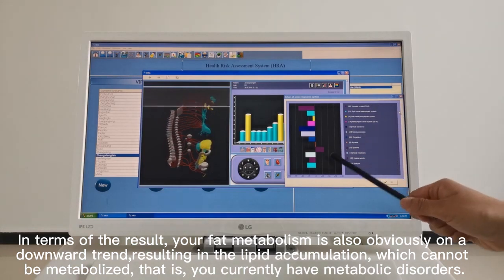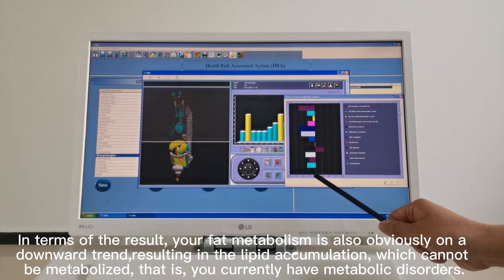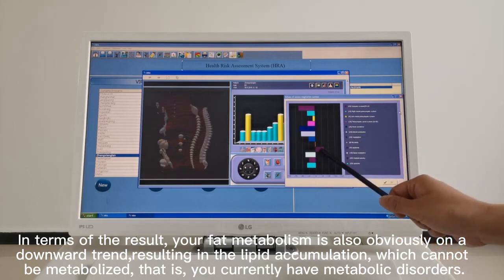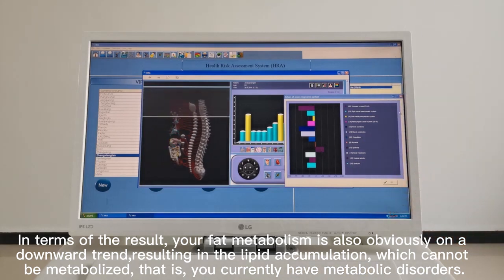In terms of the result, your fat metabolism is also obviously on a downward trend, resulting in lipid accumulation, which cannot be metabolized. That is your current metabolic disorder.